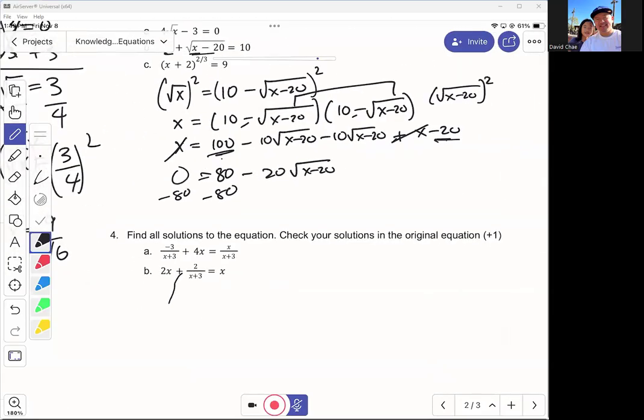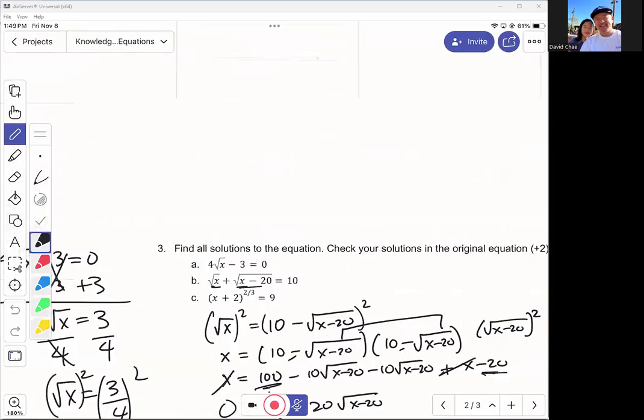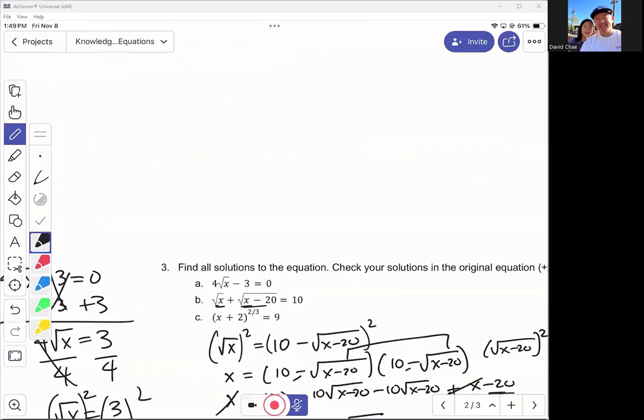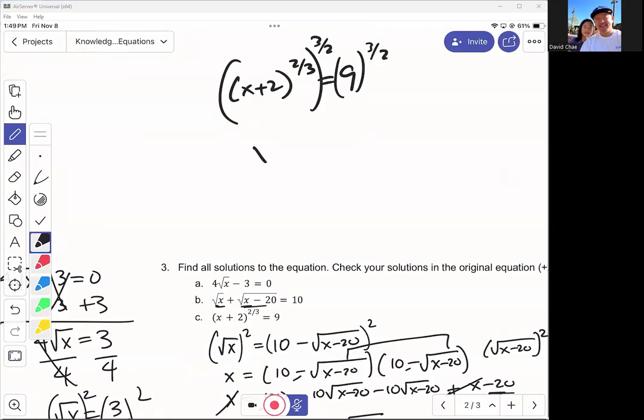The letter C here, let's do it up top. It is x plus 2 to the 2/3 power is equal to 9. I'm going to raise both sides to the 3 over 2 power. So that undoes these exponents, and it becomes x plus 2 is equal to 9 to the third power, I believe. 729.